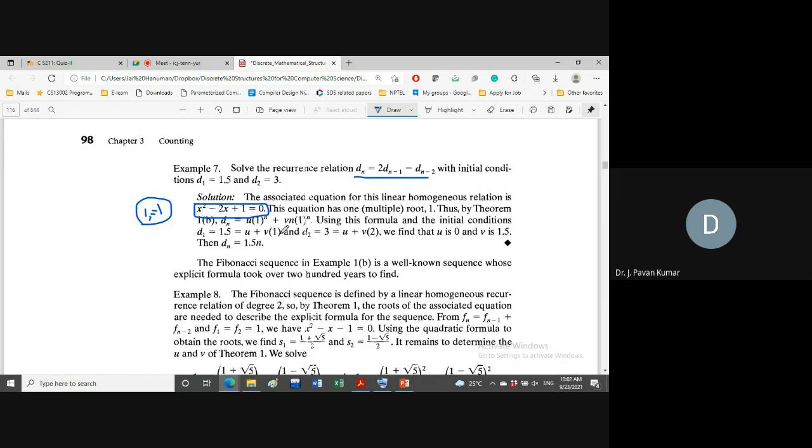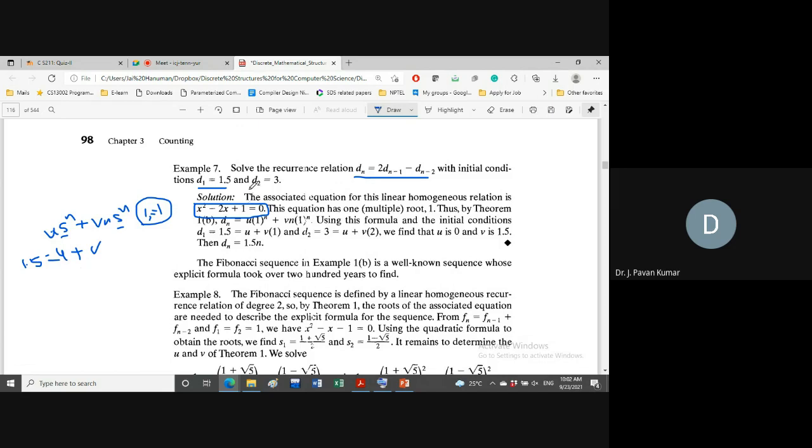What is the explicit formula? an is equal to u into s power n plus v into n into s power n. Now what is the s value? S value is 1 only. By considering d1 is equal to 1.5, it is u plus v, because n value is 1.